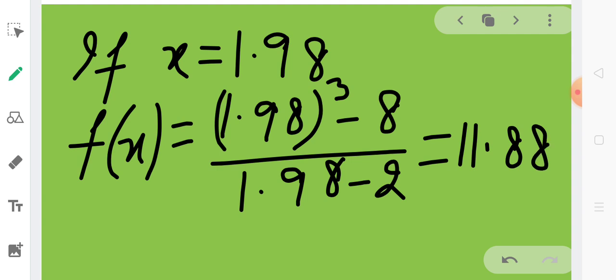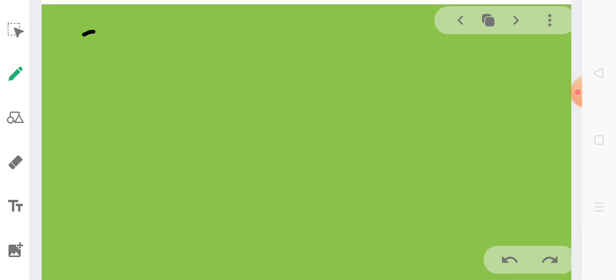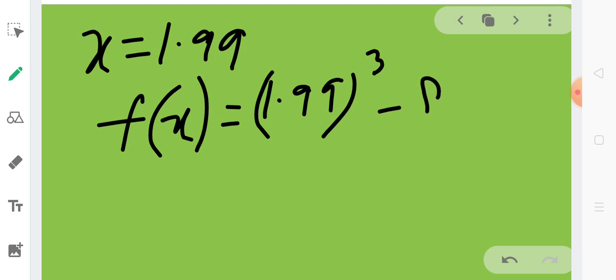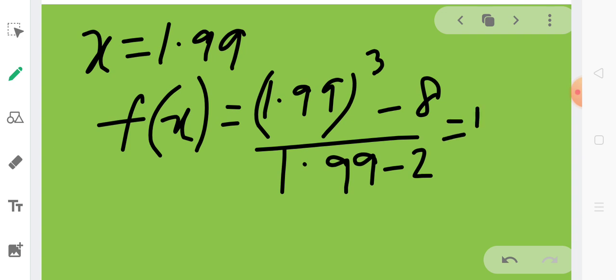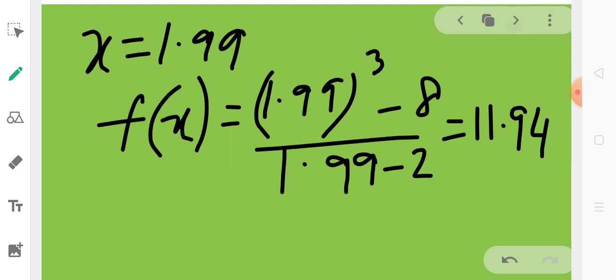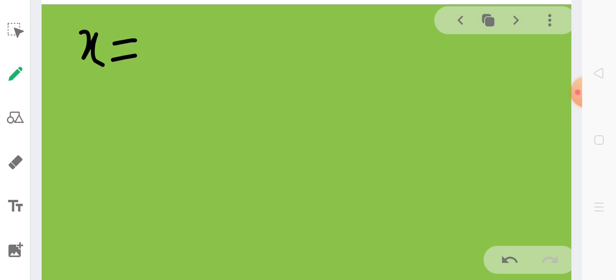Okay. Similarly, if I put x equal to 1.99, then f(x) will be (1.99 whole cube minus 8) by (1.99 minus 2), it will become 11.94. Earlier it was 11.88, now it is 11.94. In a similar manner, let us last of all take a value which is slightly more than 2.